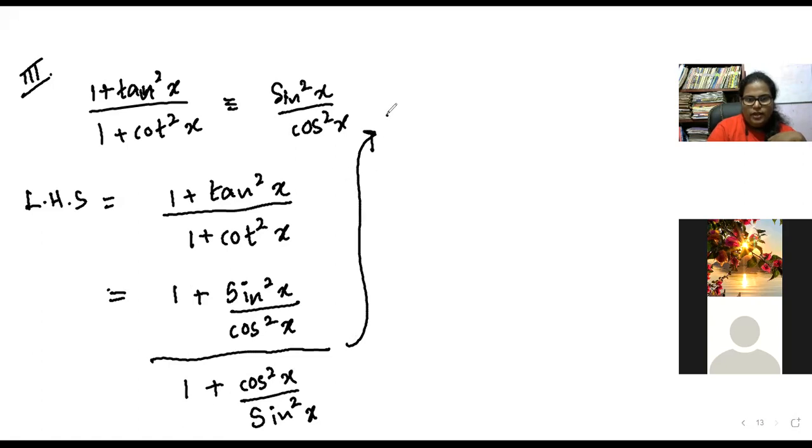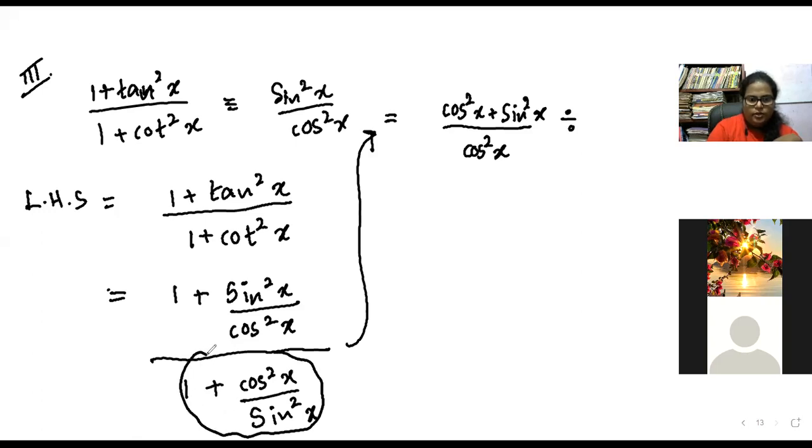So when you are simplifying like this, in the numerator we can take cos square x as a common factor, and write cos square x plus sine square x, divided by, I'm showing how to simplify this now, you can take sine square x as the common factor here, and write sine square x plus cos square x.